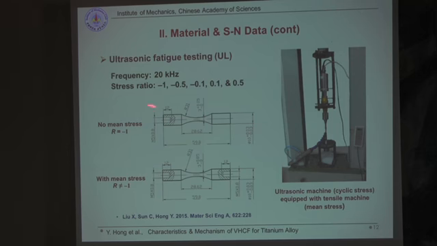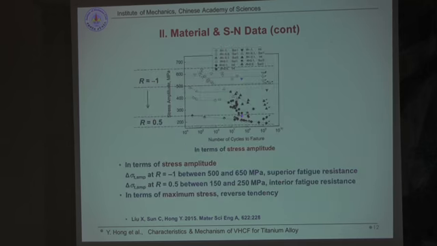And we use ultrasonic fatigue testing and the stress ratios from -1 to 0.5. And we use 2 types of specimen. This for -1 stress ratio testing. This for testing with mean stress, meaning the stress ratio other than -1. And this is the excellent data for our testing.